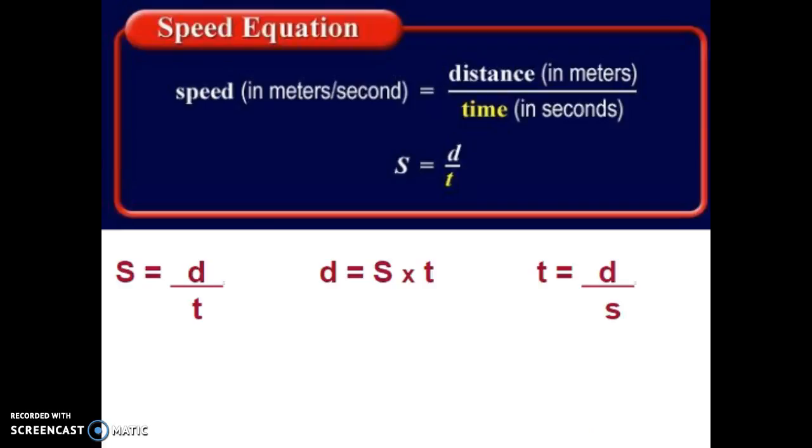So we can calculate speed, and we need three things to do that. You need a distance, which will be in meters most likely, time in seconds, and then you'll need a speed. If you know how long you've gone and how far you've gone, you can calculate your speed by taking distance divided by time.